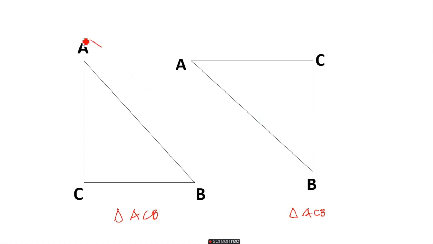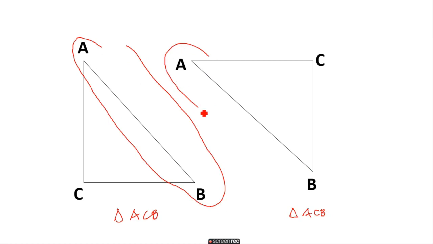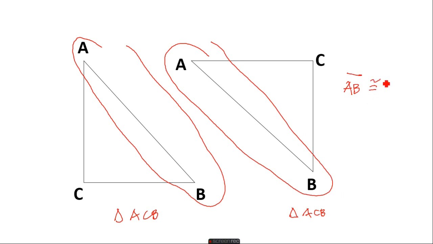But if we consider this side and also this side, we say that line segment AB is actually congruent to line segment BA. So, interchanging the letters does not affect their congruence. They are still equal by the symmetric property of congruence.